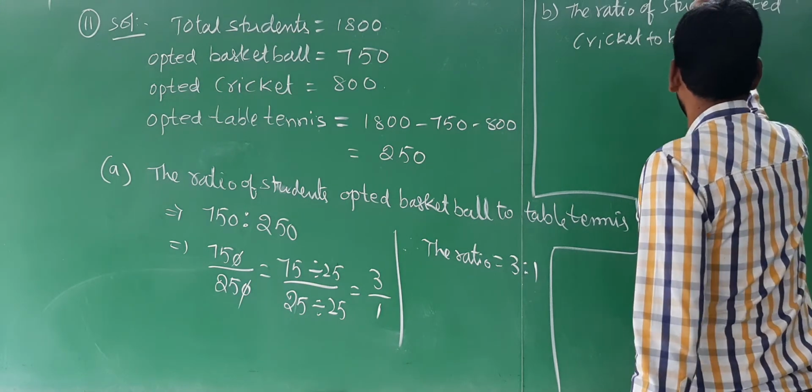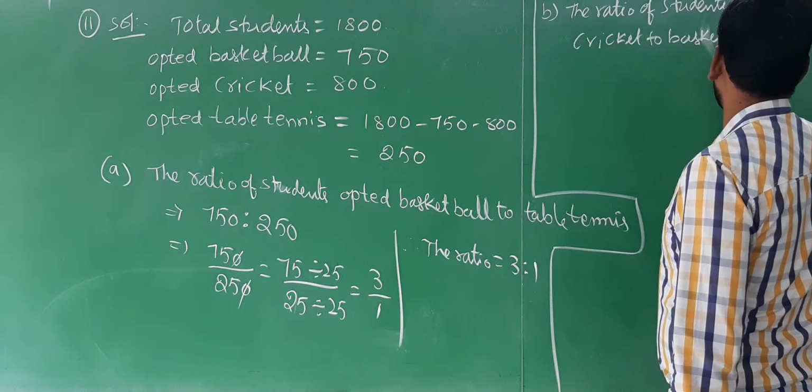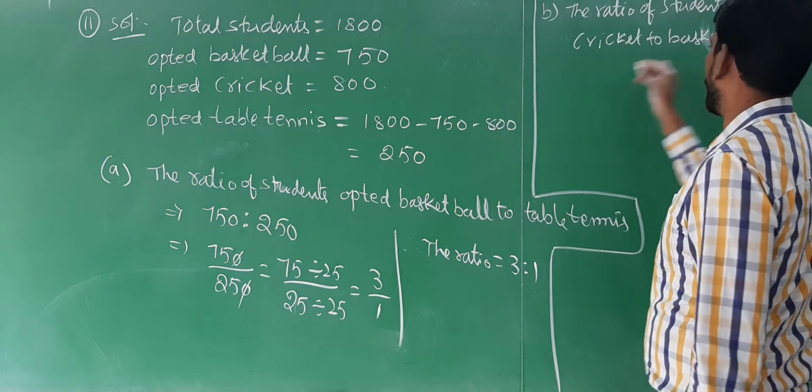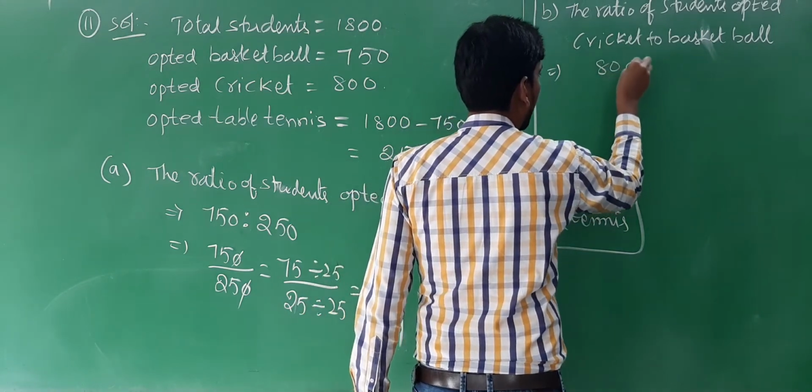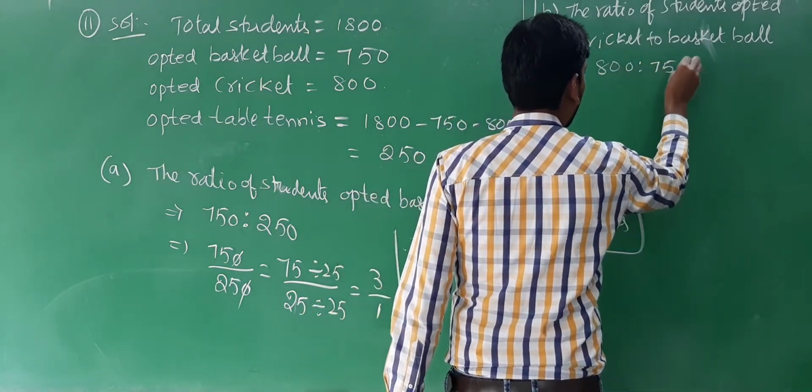Cricket to the basketball. So here, how many students opted for cricket? 800. Basketball is 750. Right, children?